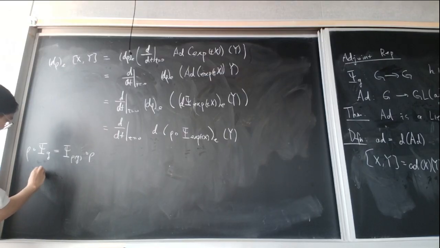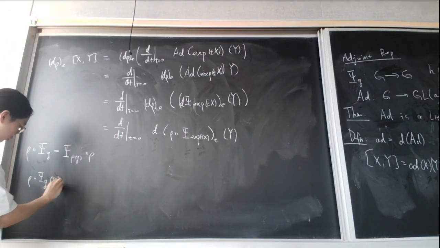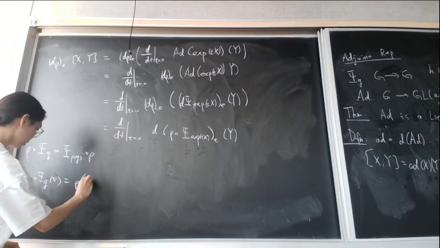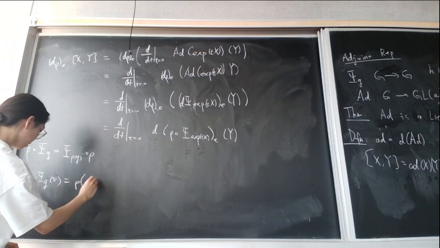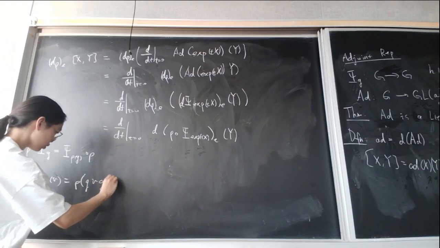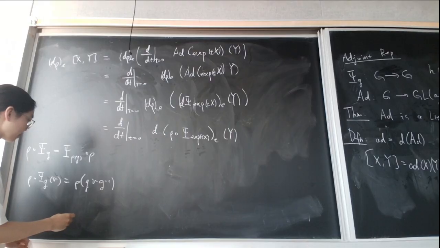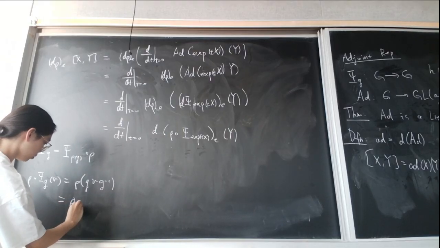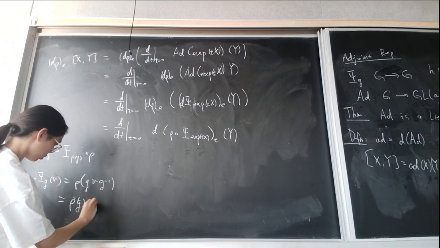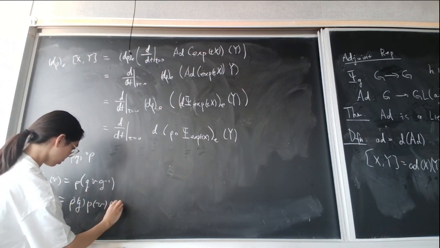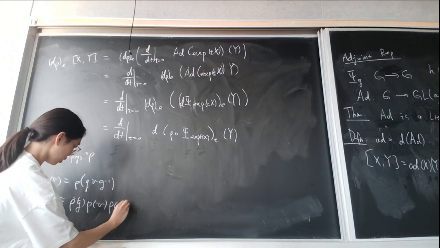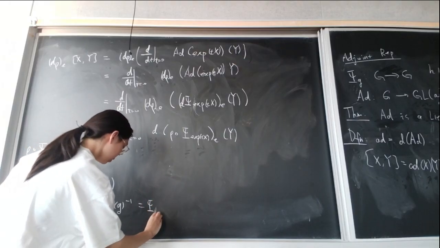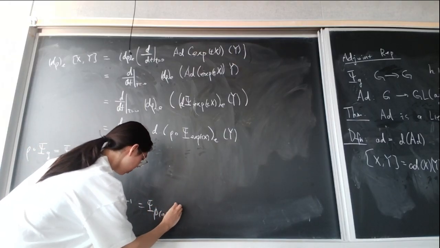And that's just because this is equal to rho of g v g inverse, and rho is a group homomorphism, so it's rho g, rho v, and rho g inverse, which is equal to conjugation by rho g applied to rho v.